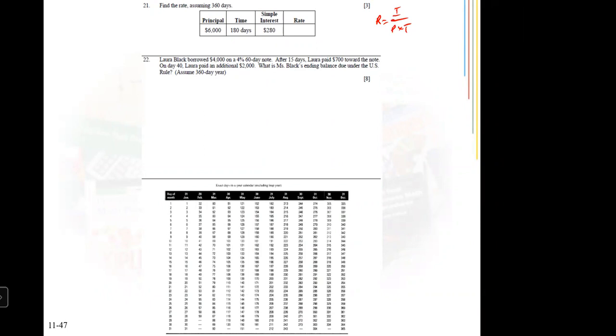So that's 280 over principal 6,000 times 180 over 360. And so that works out to 9.3%.